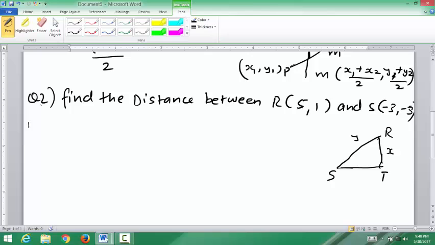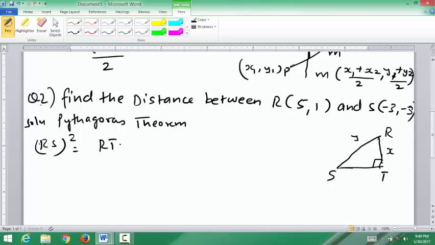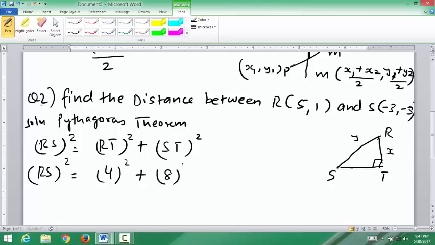Okay, so the first method will be solving by the Pythagoras theorem. As you are aware, what is the Pythagoras theorem? RS square is equal to RT square plus ST square. Now RS square is 4 square plus 8 square.